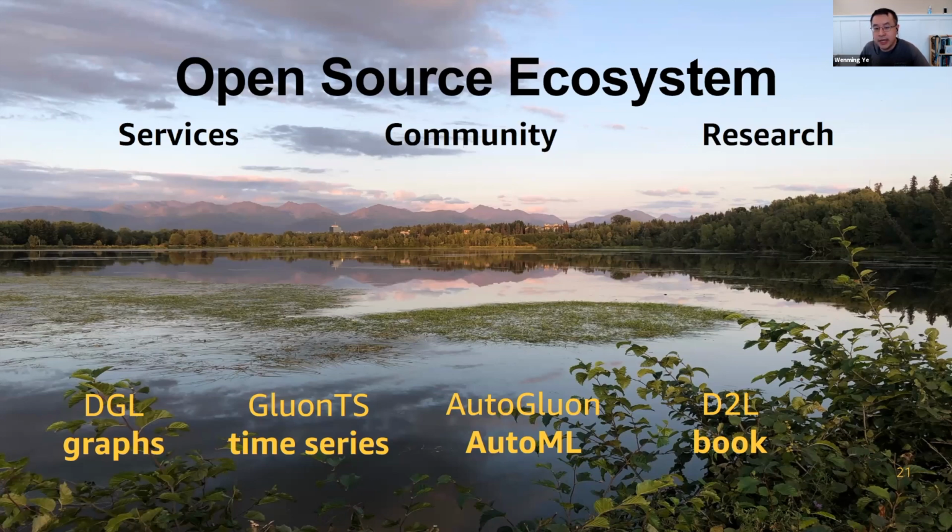I would say GluonTS is probably one of the most important packages when it comes to financial services and forecasting. If you know how to use these packages properly, you've got your career made for the next 20 years. Forecasting is what everyone wants to do, and being able to do that accurately using deep learning models is particularly useful.